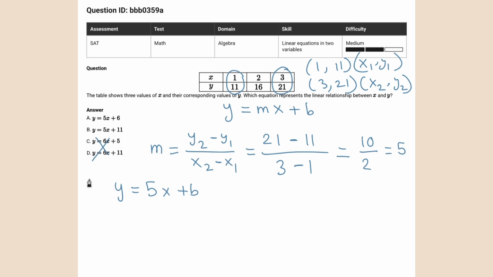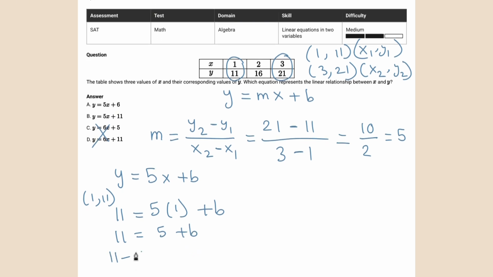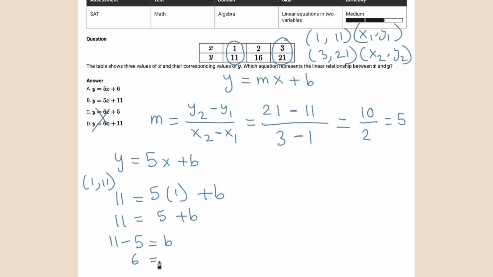So I'm going to take (1, 11). Substitute 11 for the y here and 1 for the x, so 11 equals 5 plus b. Let me solve it. 11 minus 5 equals b, and this equals 6, so b equals 6.